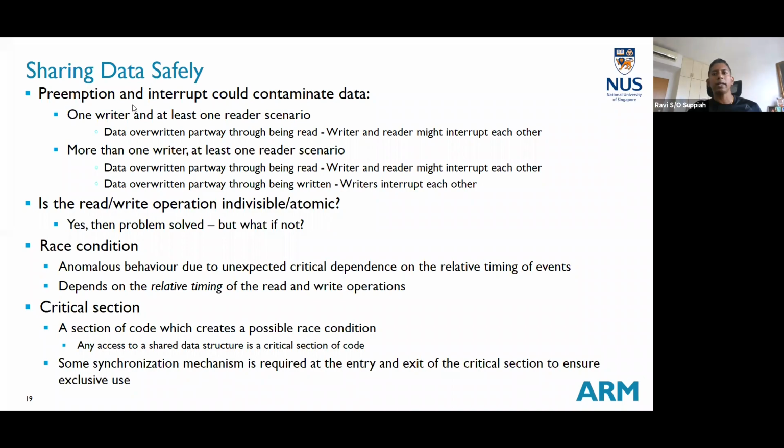Okay, so sharing data safely, I think we have seen this before in the earlier slides, where, for example, a simple instruction like b = 10. Even though in C programming you may look at it as a single line instruction, when you compile it into assembly, it can be 2 or 3 lines of code, because of the way the processor architecture is.